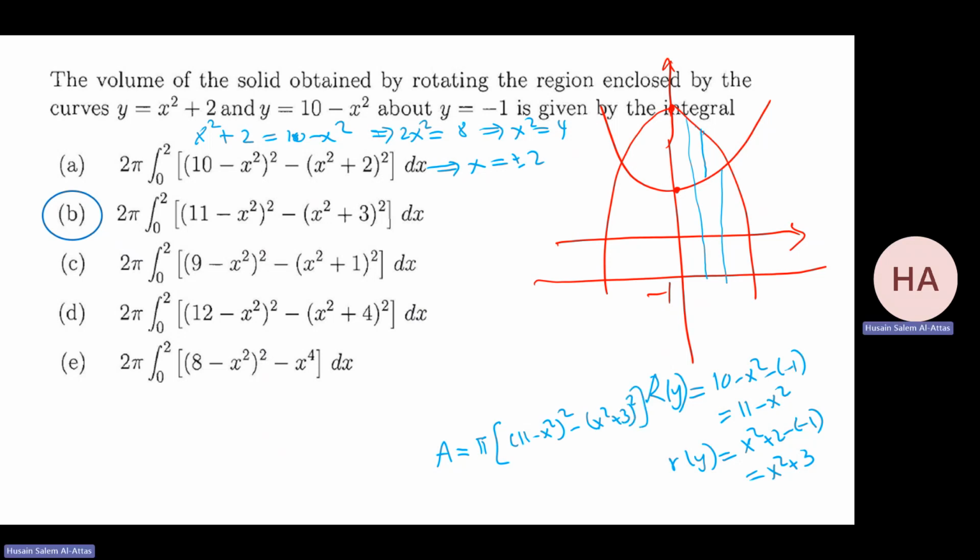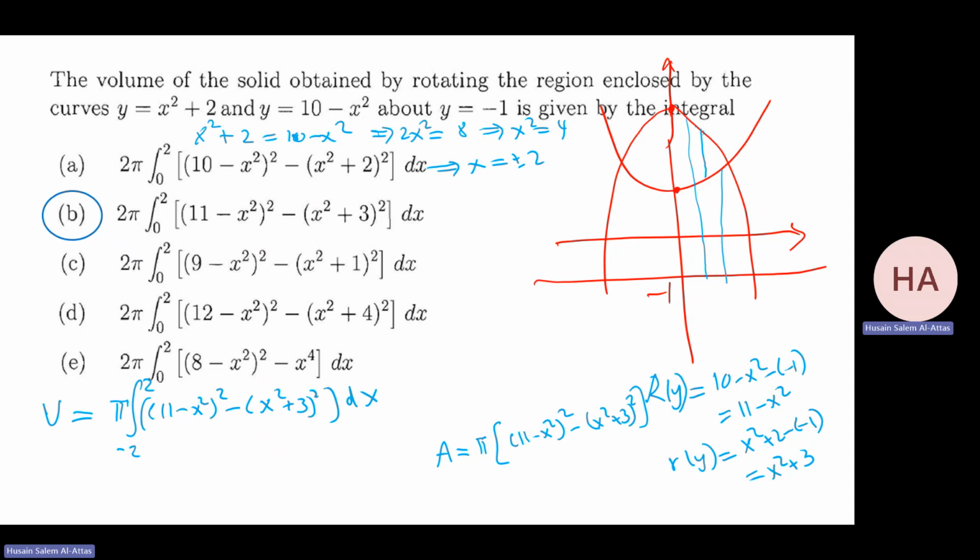Okay. So what is the volume? The volume will be pi times the integral from minus 2 to 2 of this one, 11 minus x square, all squared, minus x square plus 3, all squared, dx.